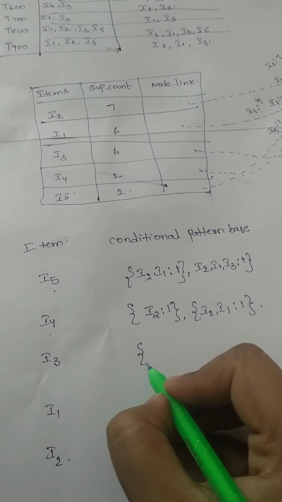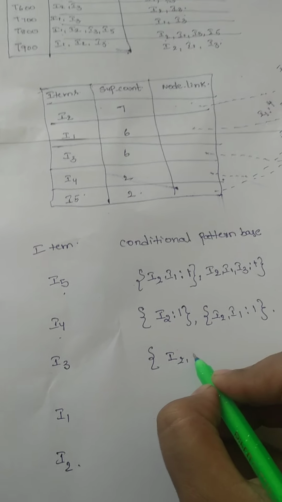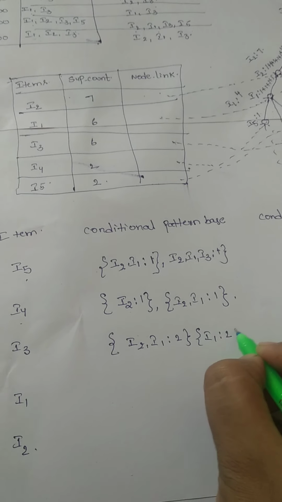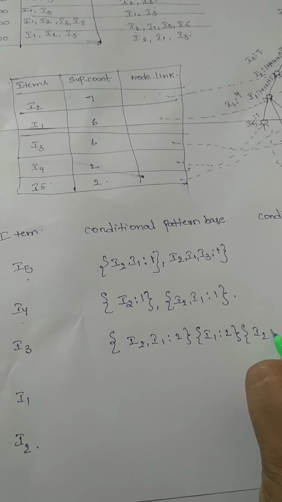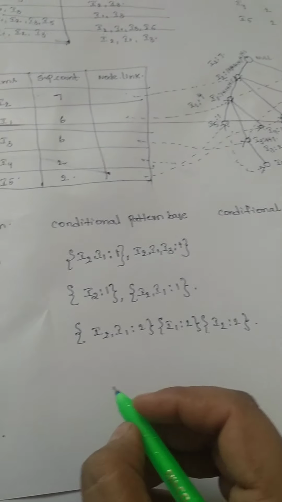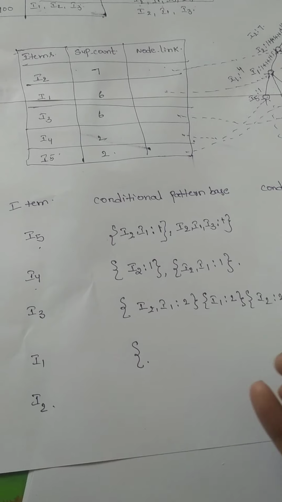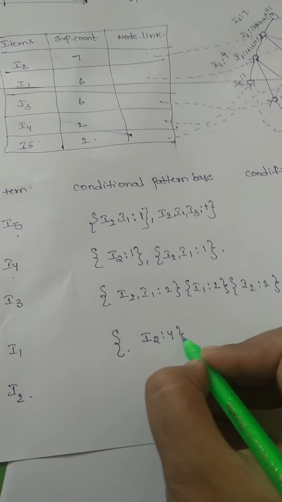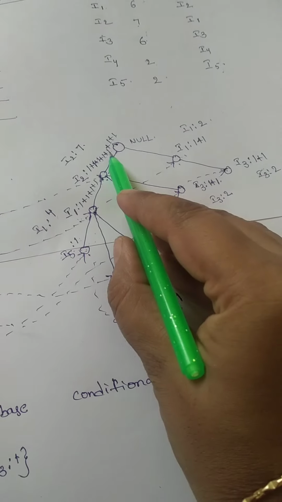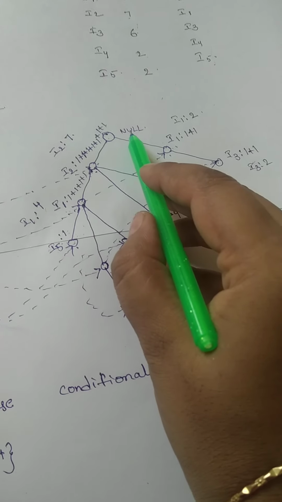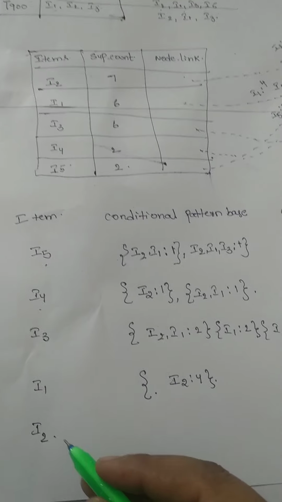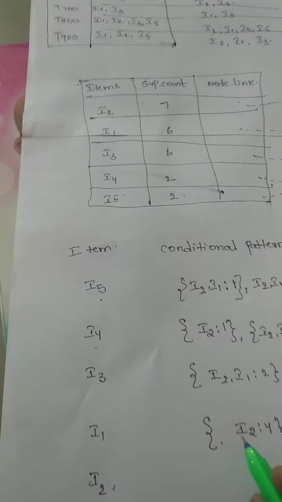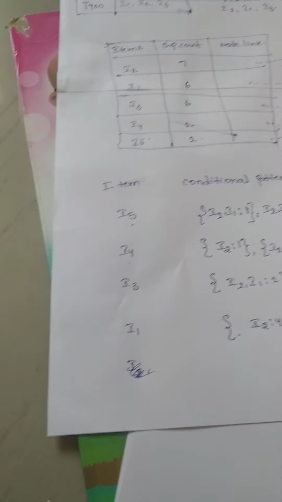The same way we have to take I3: I2, I1 is 2, I1 is 2, next I2 is 2. And for I1, I2 is 4. For the suffix we have the null, so no need to take the null. And last one is I2. For the I2 item there are no suffixes, so no need to consider I2.